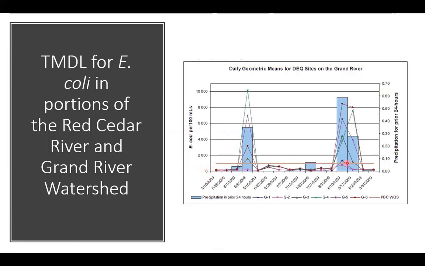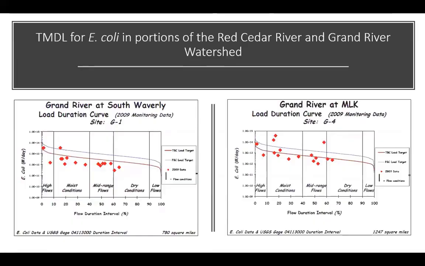This is the partial body contact right here, with a maximum of 300 E. coli CFUs per 100 ml. The partial body contact is a maximum of 1,000 E. coli.